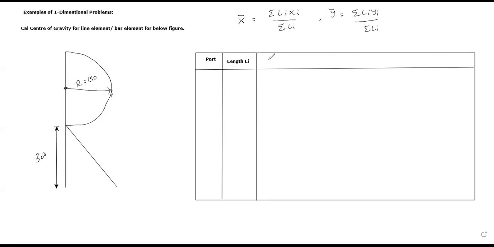Here xi, then after yi, then after Li xi, then after Li yi.